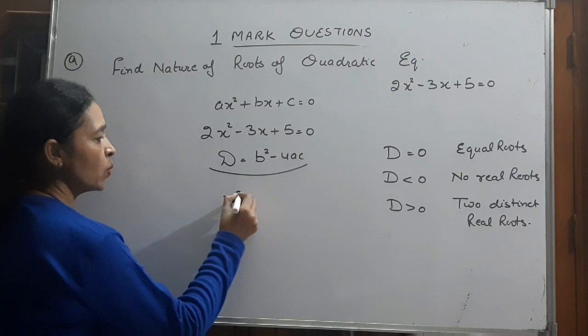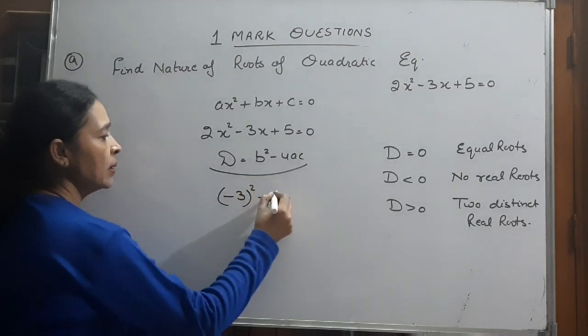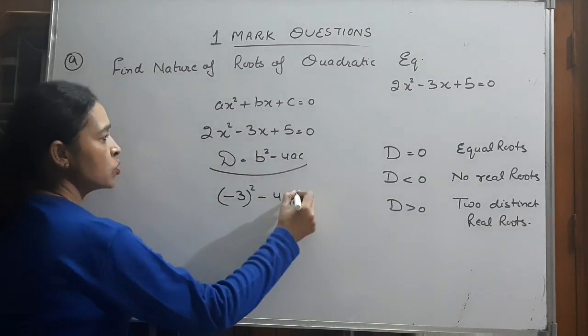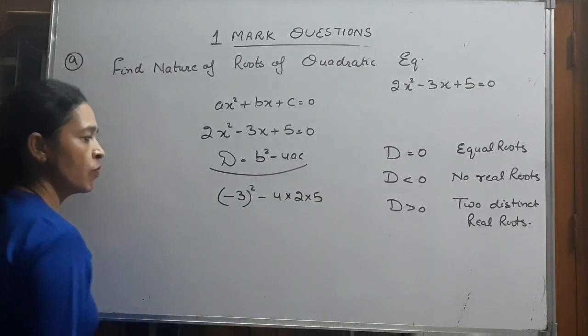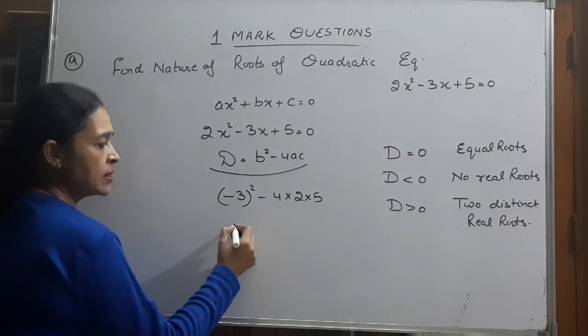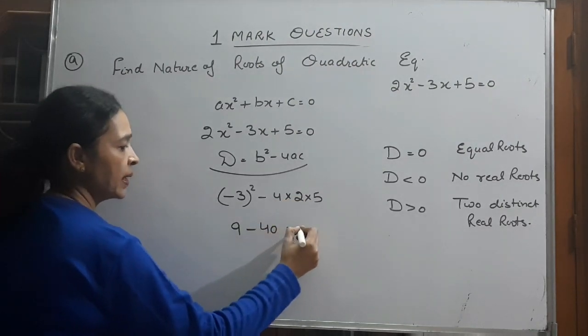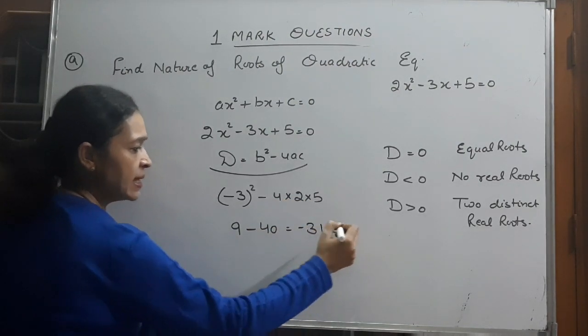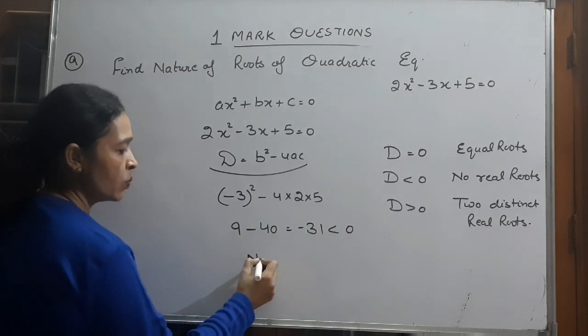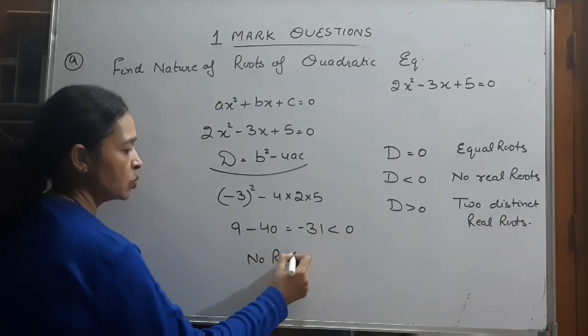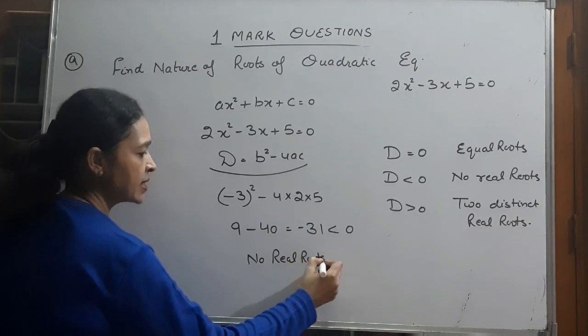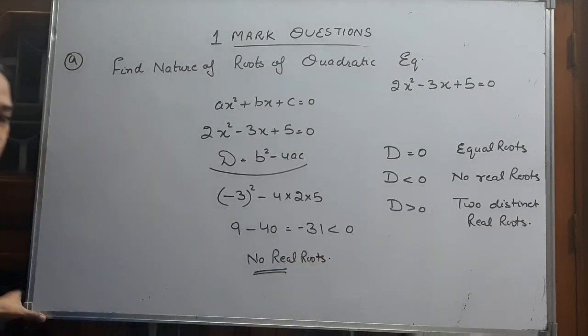Now b square minus 4ac: minus 3 square minus 4 into a is 2 and c is 5. Minus 3 square is 9. 4 times 2 is 8. 8 times 5 is 40. 9 minus 40 is minus 31, which is less than 0. Therefore, this equation has no real roots because the discriminant is less than 0.